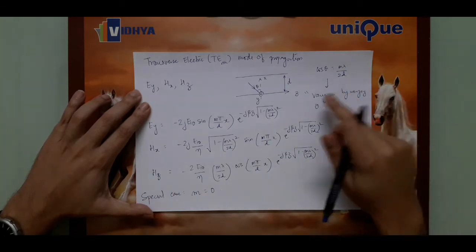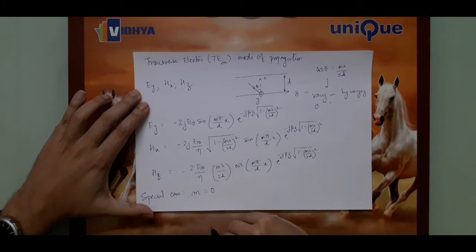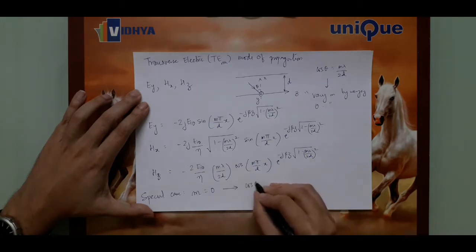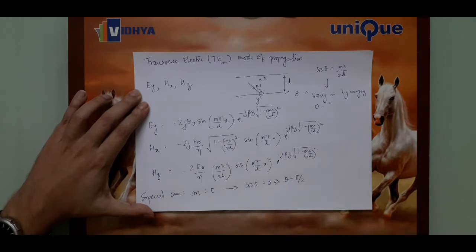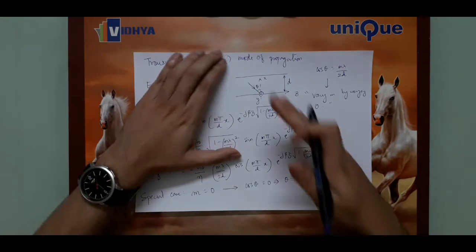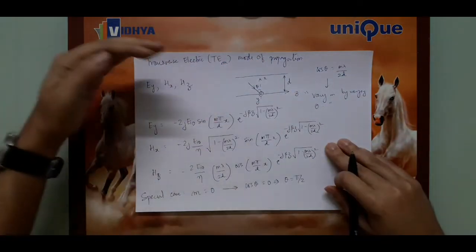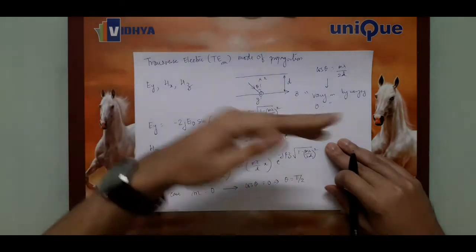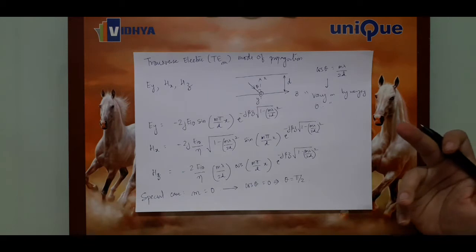Supposing I am varying m by varying theta, that can be done. So if m is equal to 0, that means cos theta will be 0, which implies theta is pi by 2. That means the angle of incidence now becomes so large that the wave is incident on the surface by grazing it. So it is both incident and not exactly incident.